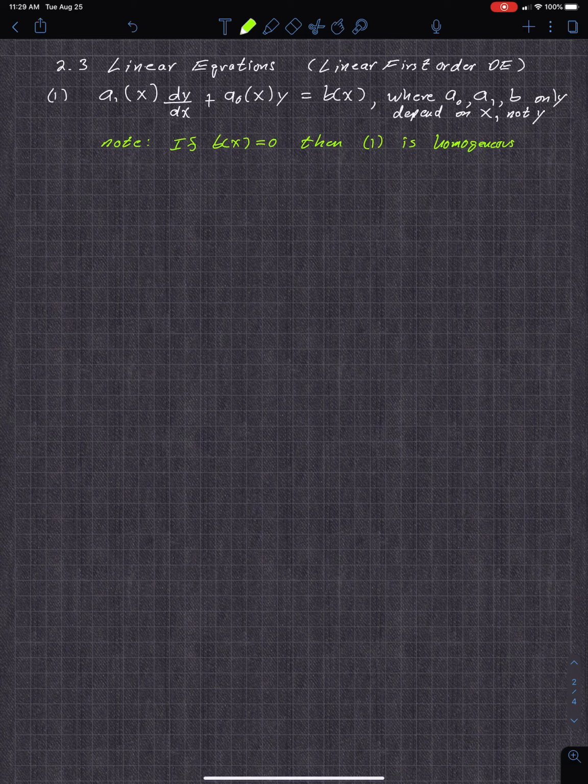For those who've had linear homogeneous systems, it's always set equal to 0 is the concept.